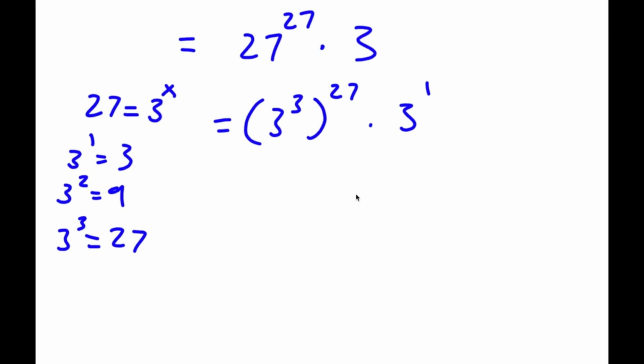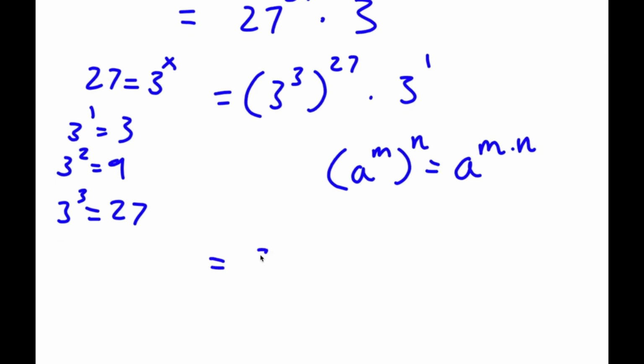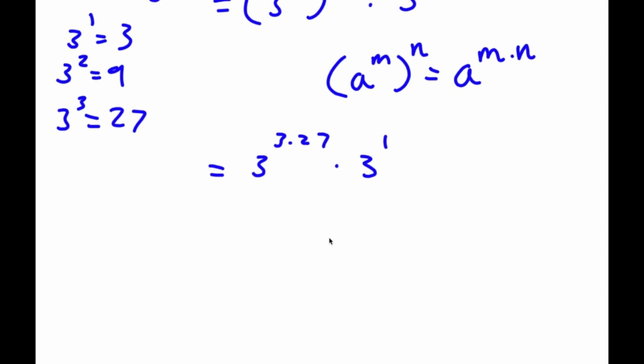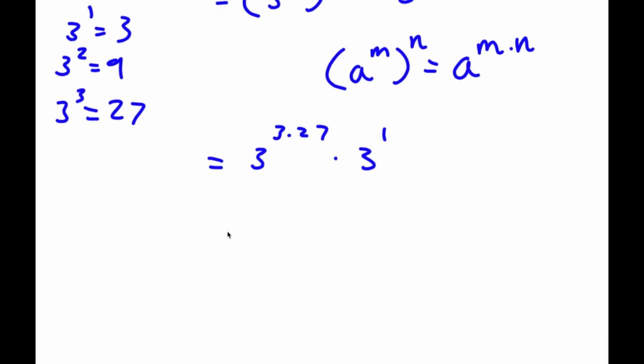Now, if I have something in the form a to the power of m to the power of n, this is equal to a to the power of m times n. So 3 to the power of 3 to the power of 27 is going to equal 3 to the power of 3 times 27 times 3 to the power of 1. 3 times 27 is 81. So I have 3 to the power of 81 times 3 to the power of 1.